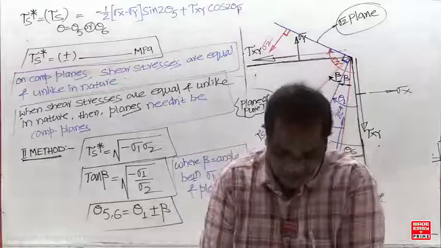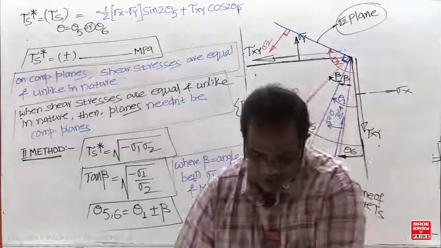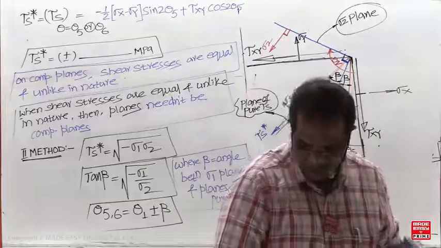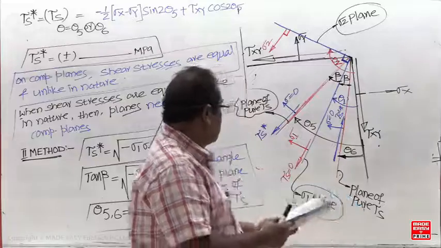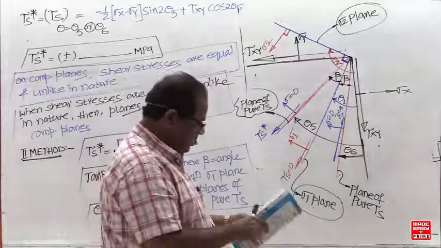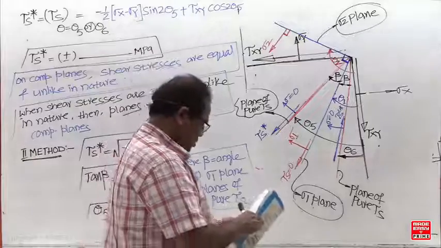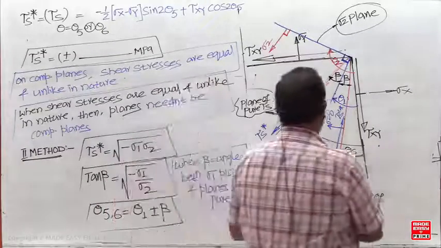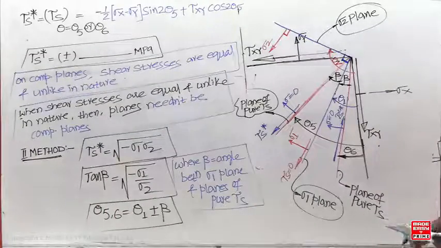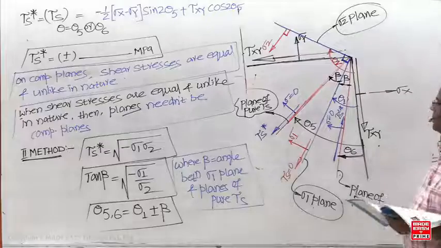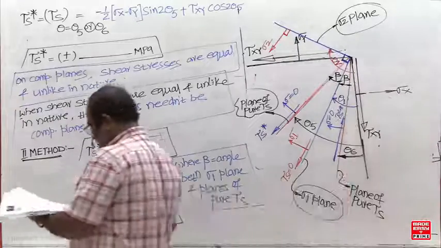So this completes the total analytical portion. Now you can complete these questions. Chapter number 7. I'm writing the questions here.